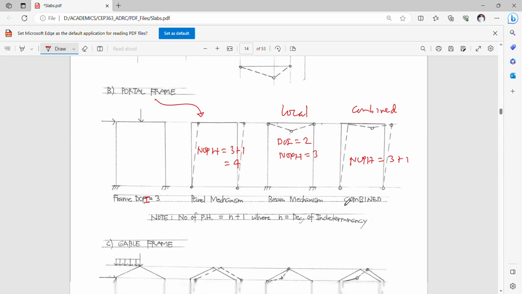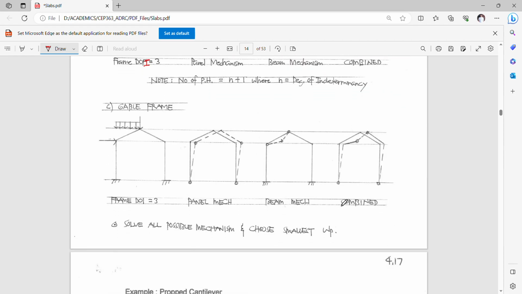For a gable frame, it's actually similar to a portal frame. The only difference is that your beam here is now divided into two gable rafters. So you only need 1, 2, 3, 4 for a gable type frame, so your NOPH here is 4.